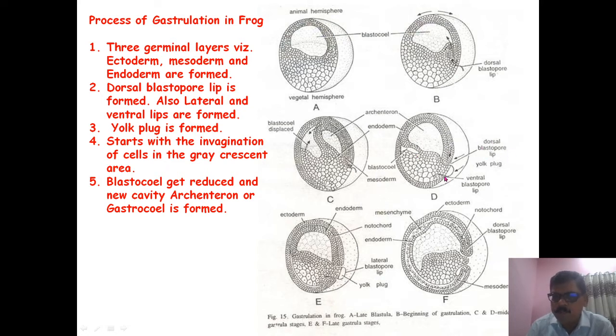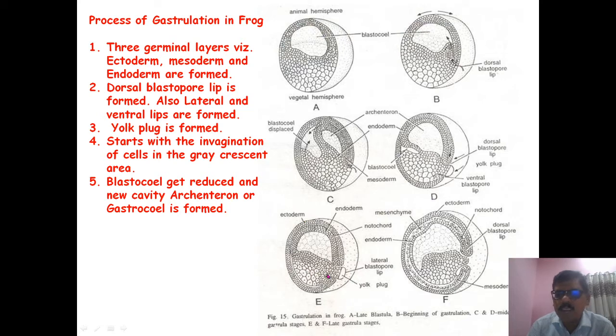Along with that, there is a formation of the lateral and the ventral blastopore lips, and there is a formation of the yolk plug.